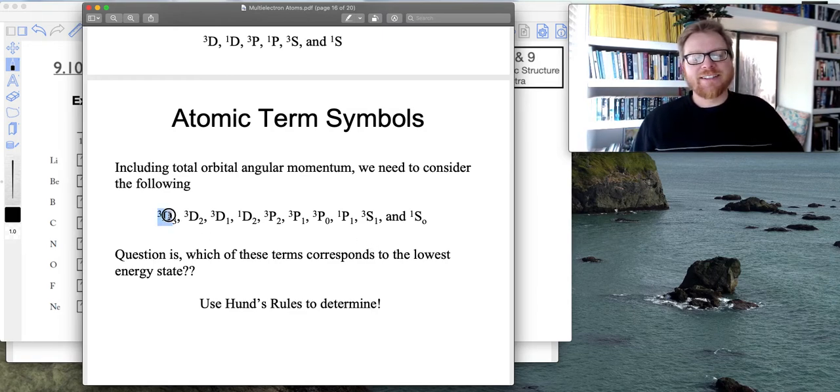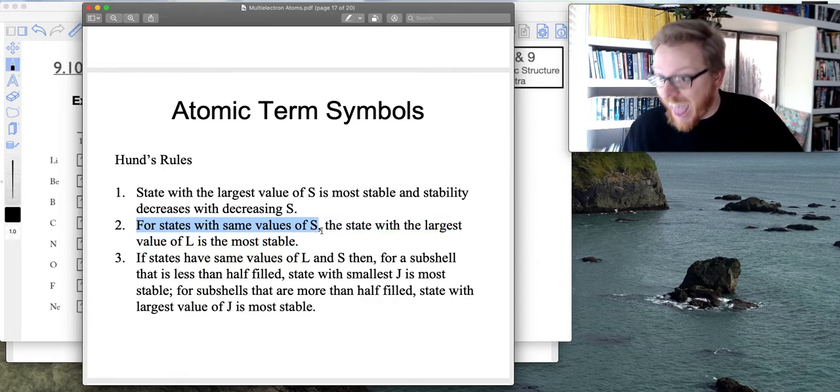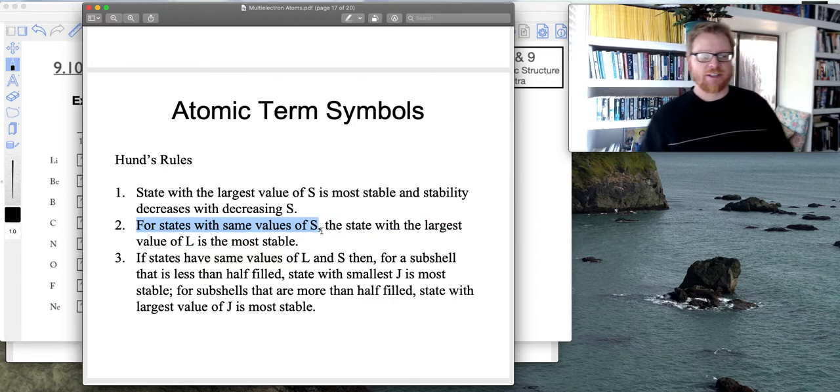So the triplet D will be lower in energy than the triplet P, which will be lower in energy than the triplet S. Okay? And that's if they have the same value of S, if they have the same multiplicity.